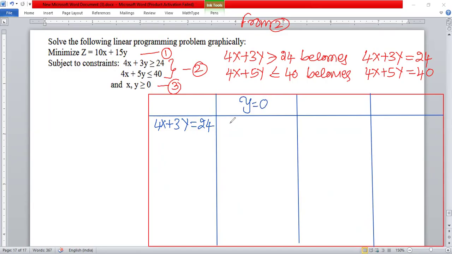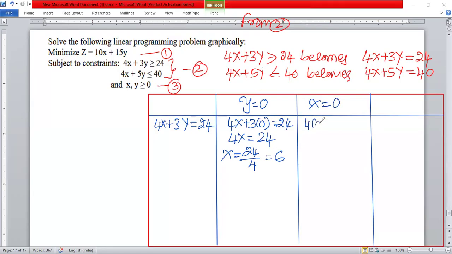So y is equal to 0. 4x plus 3 into 0 is equal to 24. So 4x is equal to 24. X is equal to 24 by 4. So x is equal to 6. So x equal to 0.